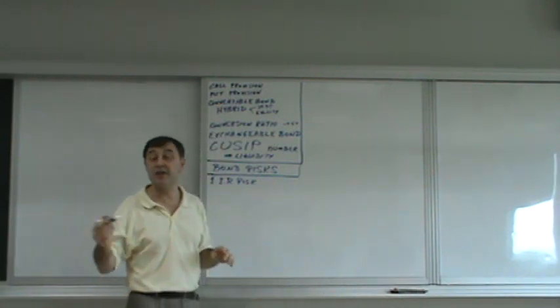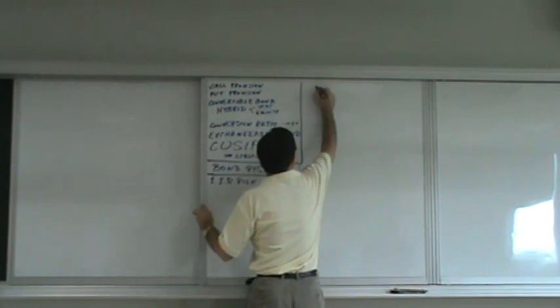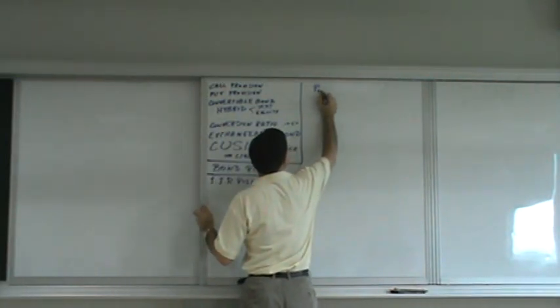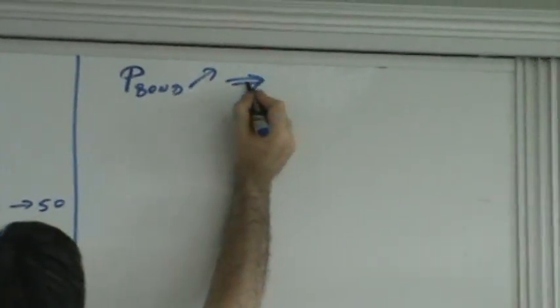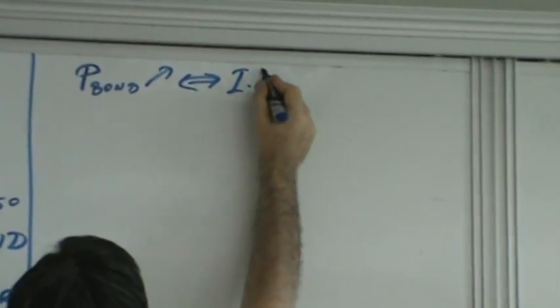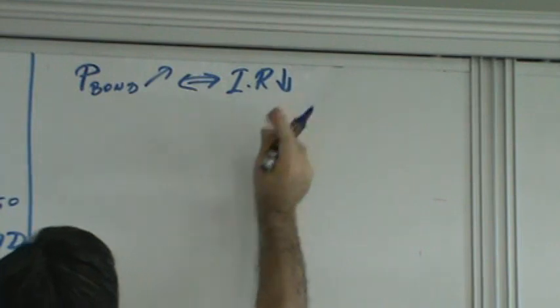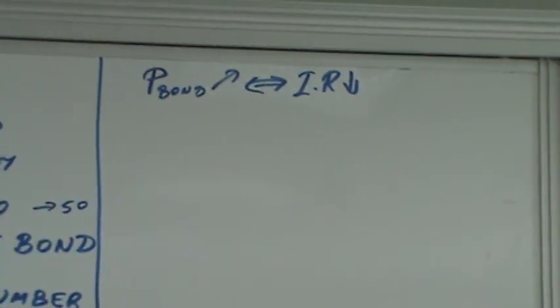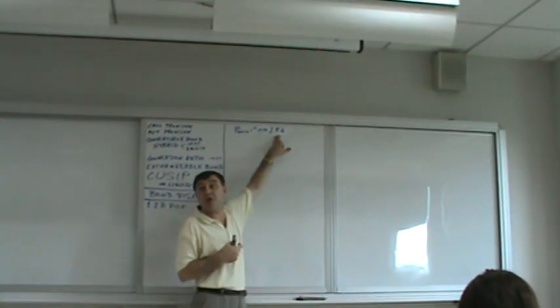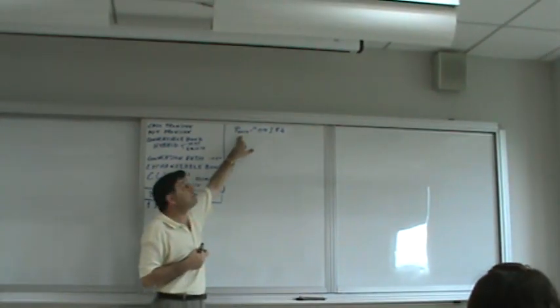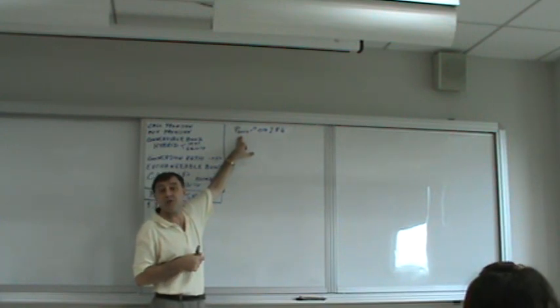Let's write it out in basic notation. So the price of a bond goes up whenever interest rates go down. Well, what's the risk for the investor? The risk for the investor is that interest rates will go up and the price of a bond goes down.